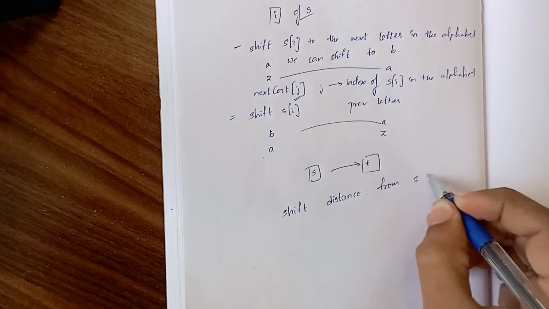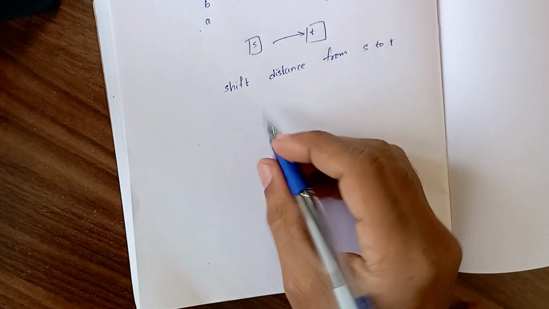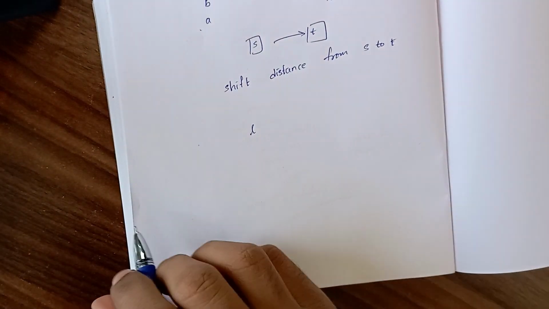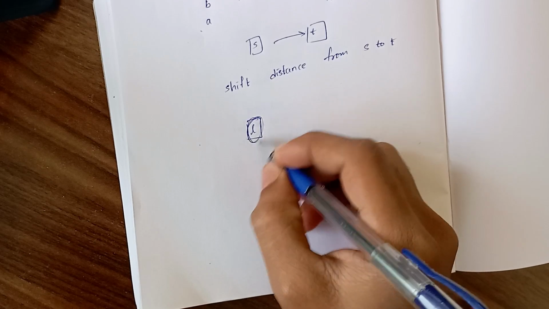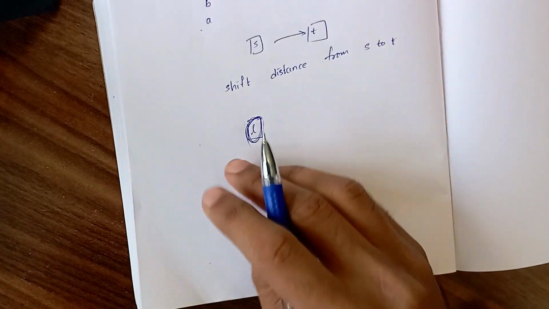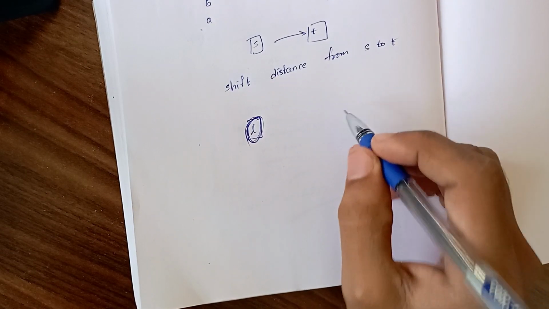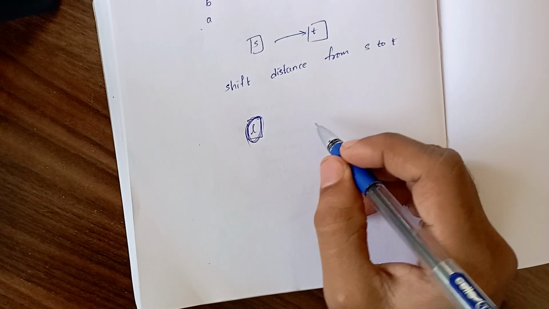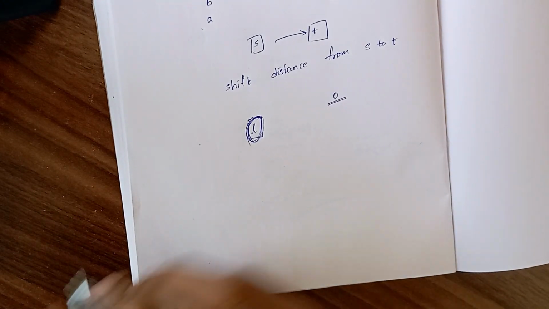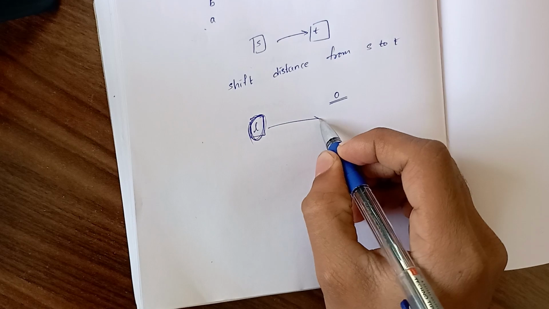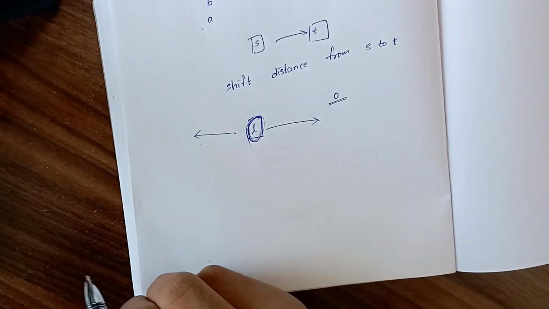from S to T. In simple words, say this is the letter we have at some index in S, L, and the target letter which we want is O. Then you can move either in the forward direction or in the backward direction.